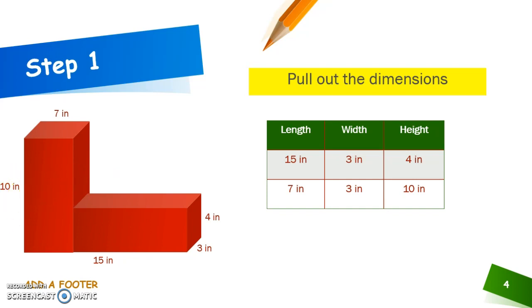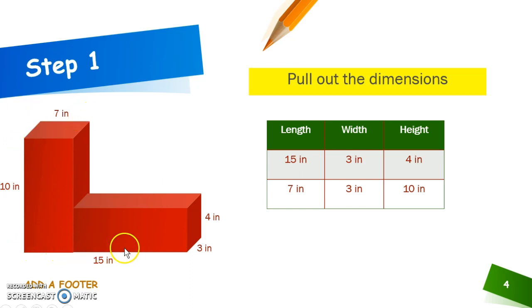So, first of all, we need a length. A length is right here. And I advise you to make a table as such. Get a table and put length, width, and height on your paper. And so a length is what goes across like this.